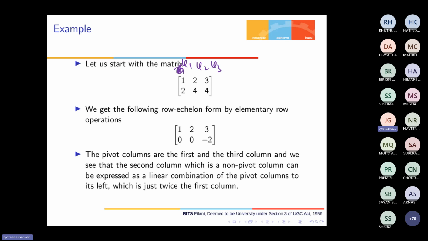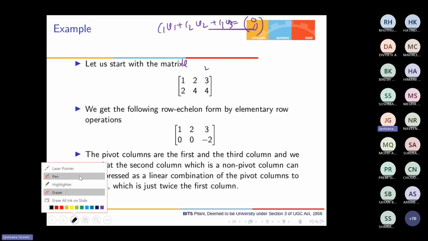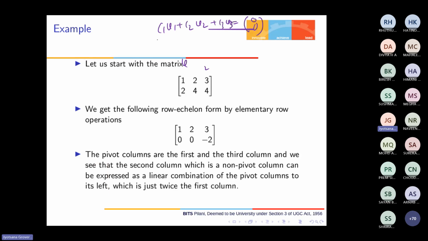So first, c1 v1 plus c2 v2 plus c3 v3 equals 0. I'll do this, then I'll stop, because I want to link linear independence with the rank.